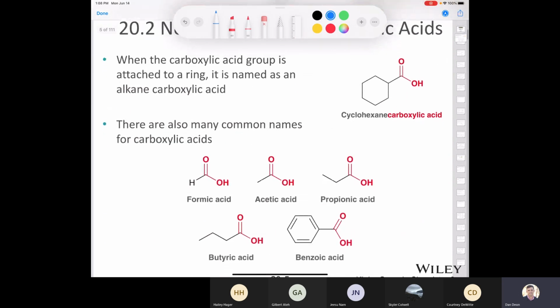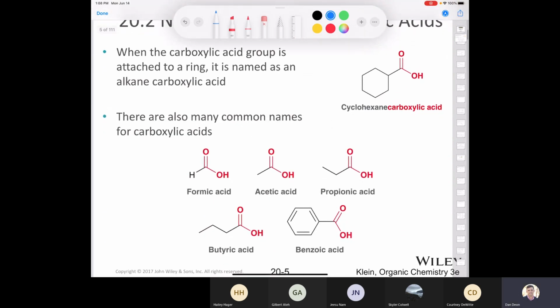Now, what if you have a carboxylic acid group attached to a ring? We name that like an alkane carboxylic acid. What does that mean? It means you literally name the alkane first, and then you throw the suffix carboxylic acid on the end. So if you had a cyclohexane like this here, and then we have a carboxyl group directly attached to it, it's cyclohexane carboxylic acid, right?